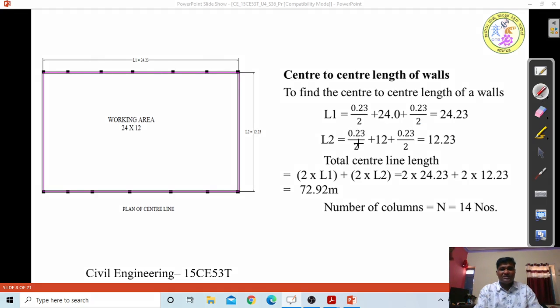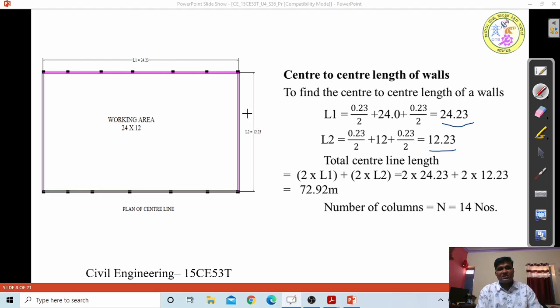So the L1 is 24.23, that is 0.23 by 2, which is the wall width, breadth by 2 plus breadth by 2 will give me 24.23, and 12.23 meter is the length of the shorter wall.